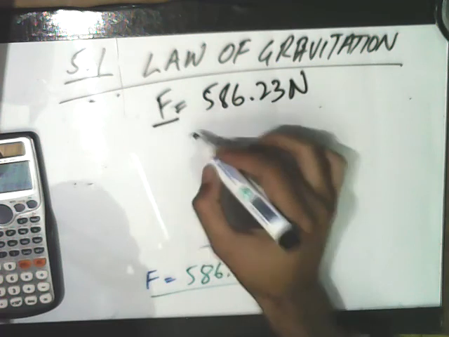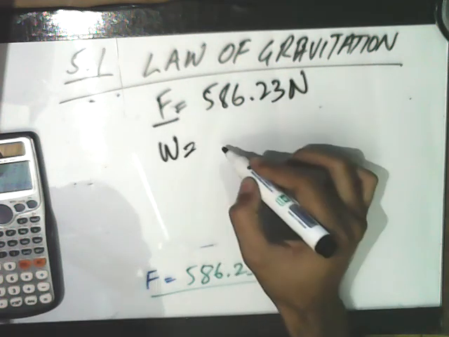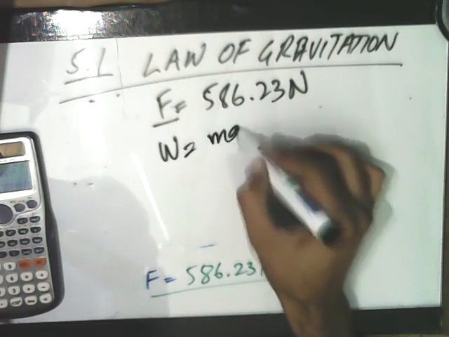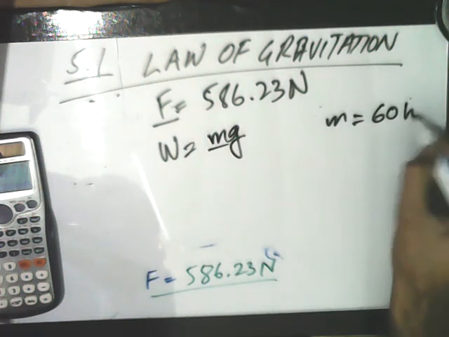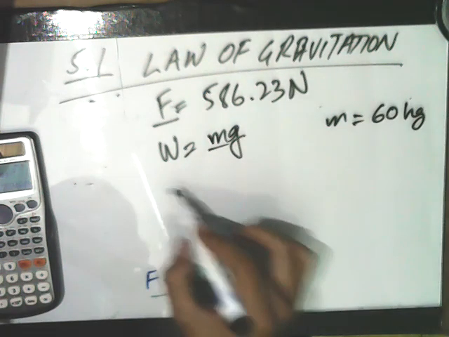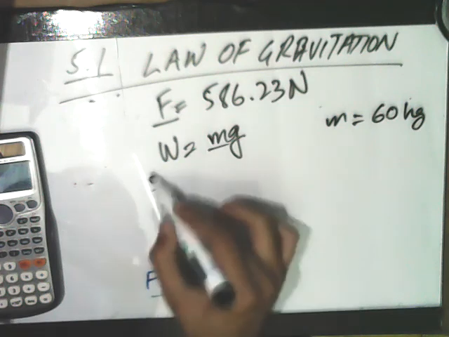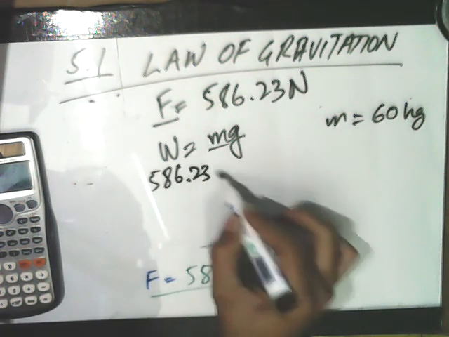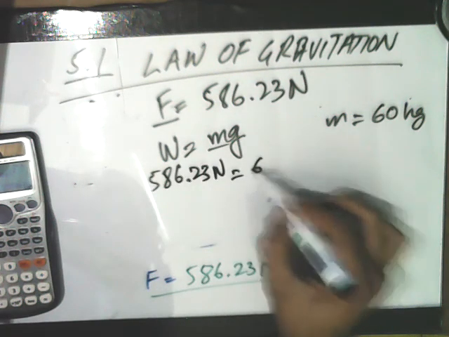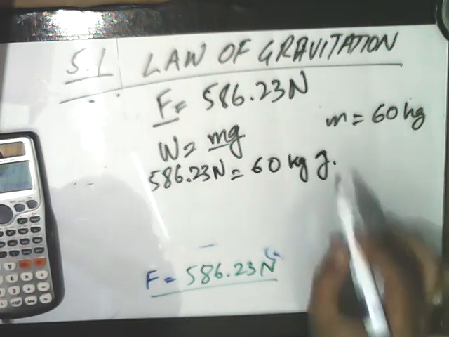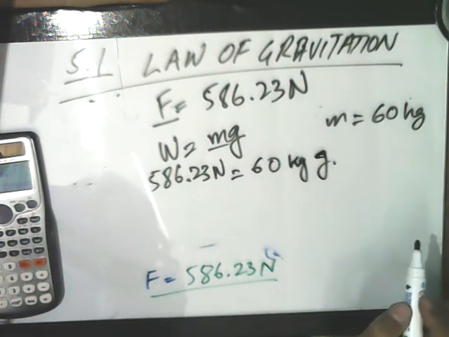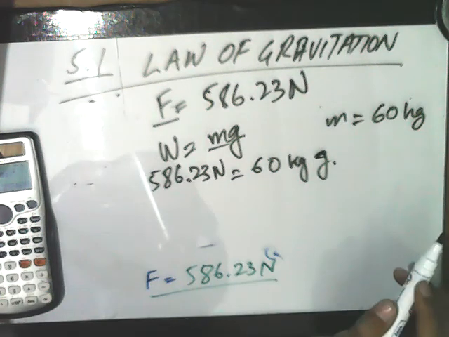We do know that this force is what we call weight. So weight is equal to mg. I do know my mass, which is 60 kilograms, right? We do have weight at the moment, 586.23 newtons is equal to 60 kilograms times g, and g is the quantity which we want to calculate.